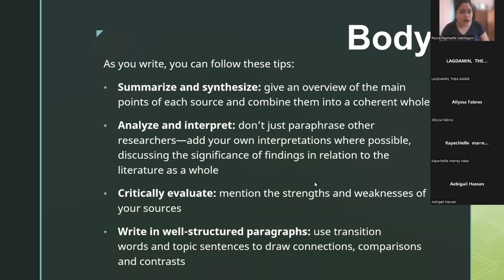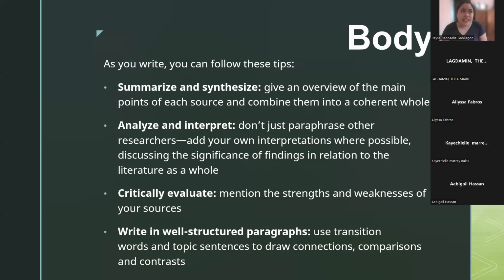So in the body of your RRL, you may do summarization of all the information, or you may synthesize some important points there from your sources. Or you may analyze and interpret, especially on the related studies. Analyze yung result nila, and you may also give your interpretation if possible.